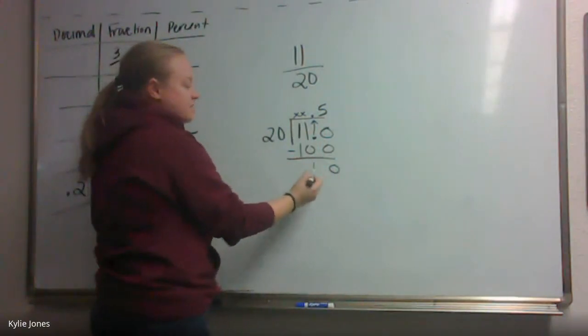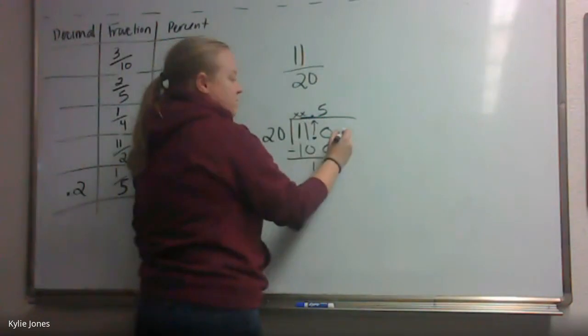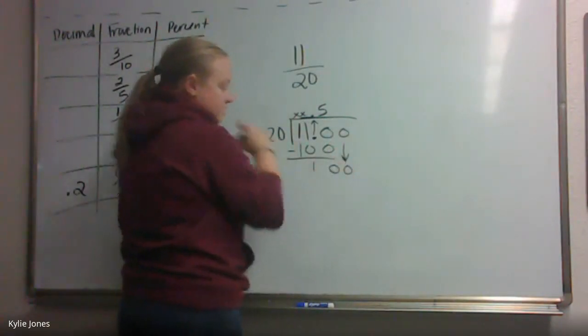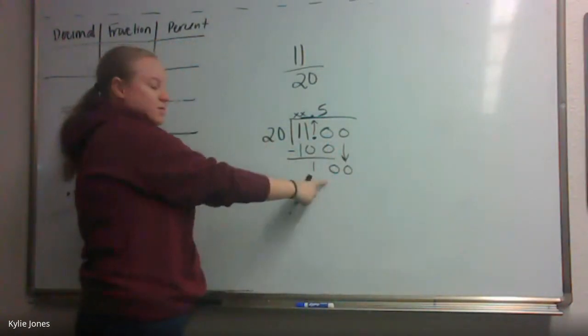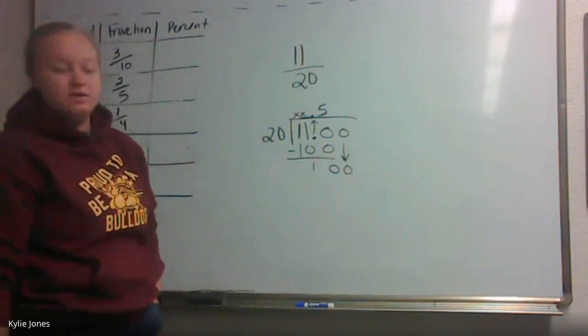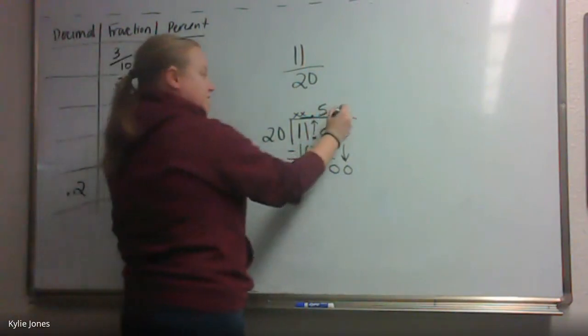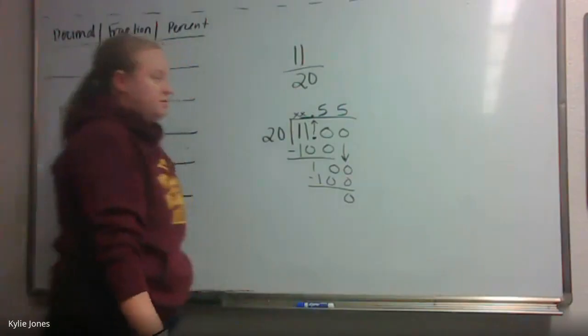You subtract, and you get 10. Let's bring down one more 0, because now we have 20 going into 100. How many times does 20 go into 100? 5. You're done. So here's our decimal here. 55 hundredths. Easy.